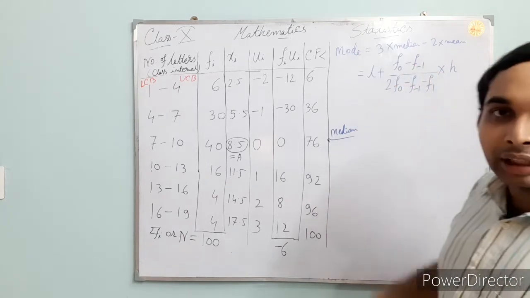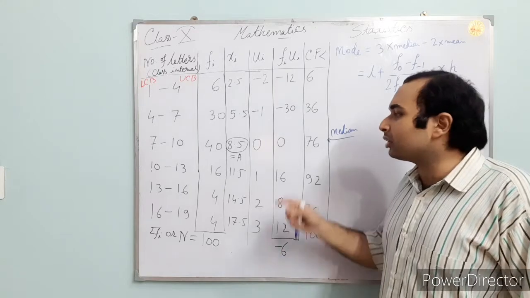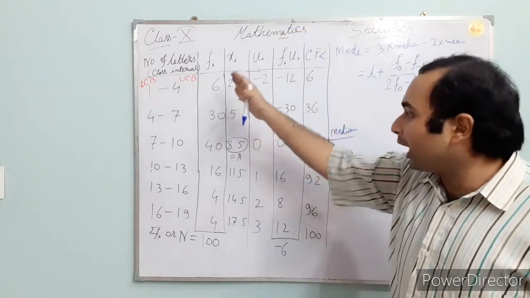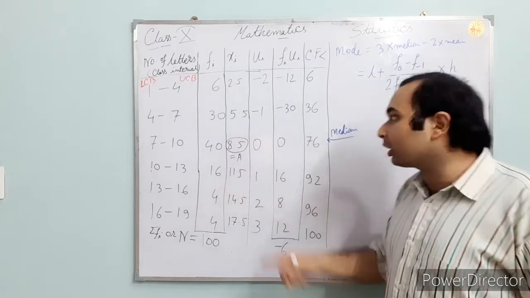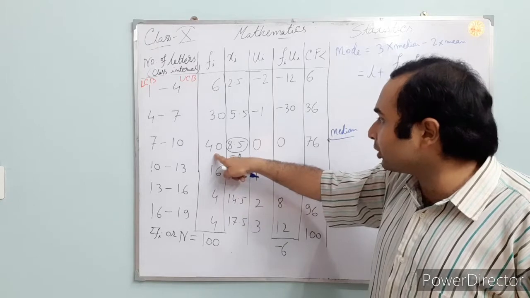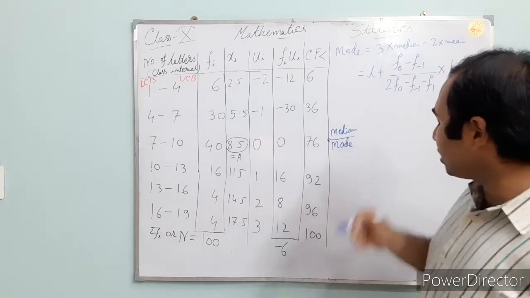And H you know, that is the class width. Very easy, I am showing you. Modal class means actually the highest frequency class. Which class has the highest frequency, that will be the modal class. From here I am seeing 40 is the highest frequency. So this only will be the modal class.